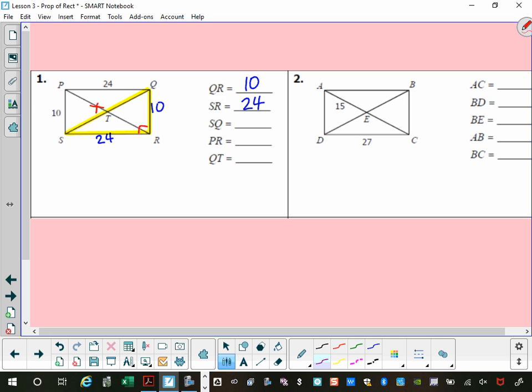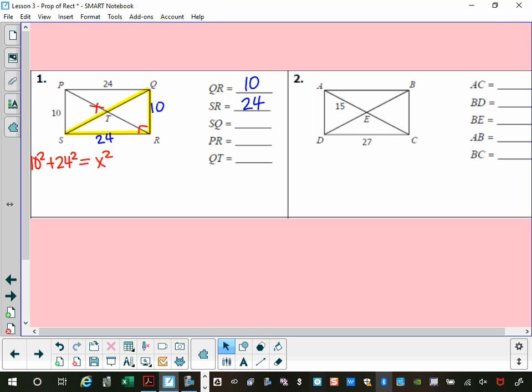So, if I want to find this diagonal, I'm going to do a squared plus b squared equals c squared. In this case, what's my hypotenuse? The x, right? So we have, let's say, 10 squared plus 24 squared is equal to x squared, because we want to find out what that diagonal is.